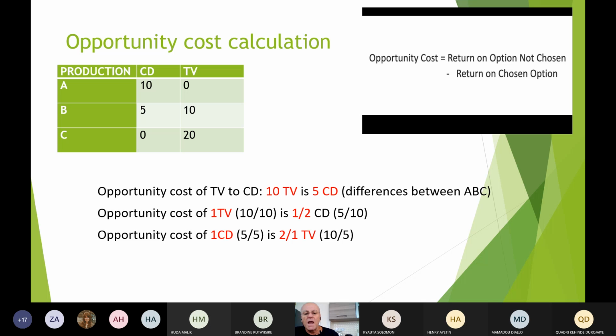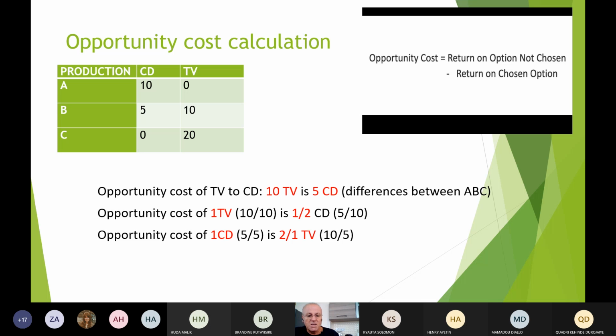The differences between A, B, C are going to be estimated here. You understand how to estimate the opportunity cost. And if you want to estimate the unit opportunity cost, then you are going to calculate the opportunity cost of one TV or one CD. We are going to calculate first the TV, which is going to be 5 divided by 10.